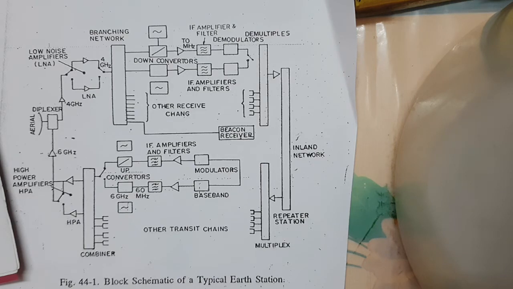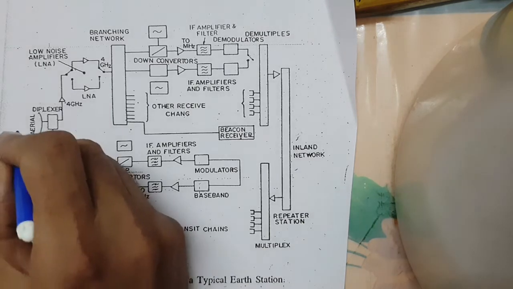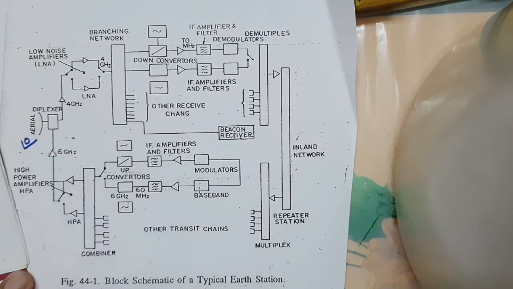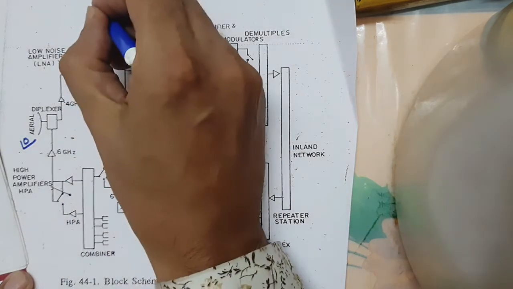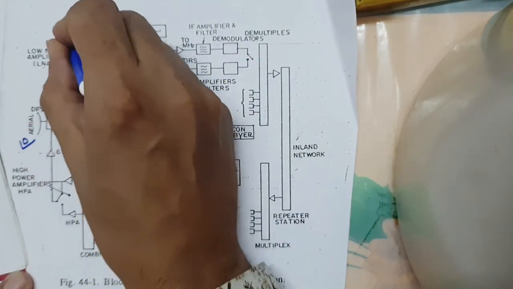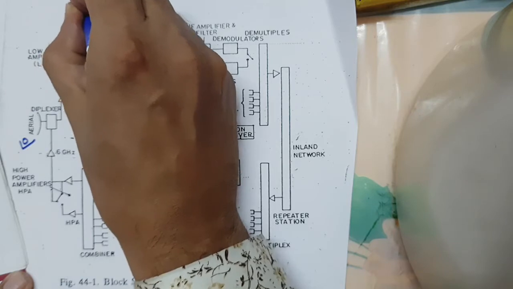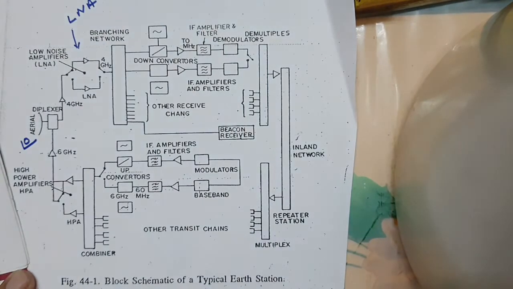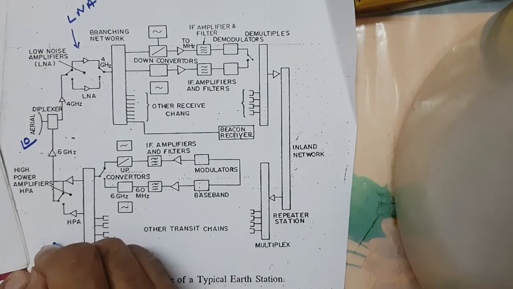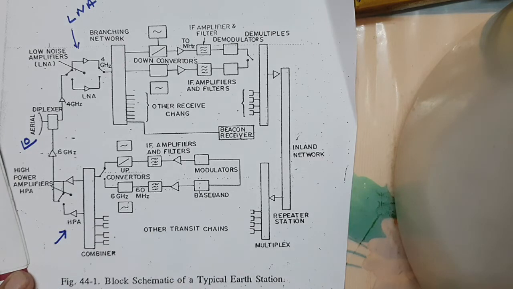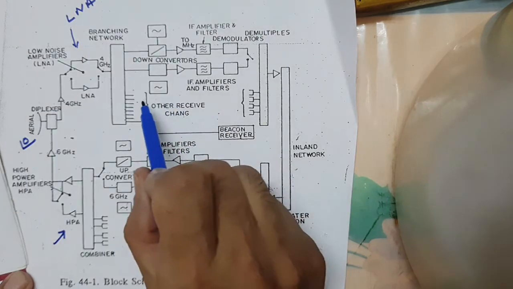The typical block diagram of the communication system comprises the antenna subsystem, the low noise amplifier, the high power amplifier, and ground communication and multiplex equipment.